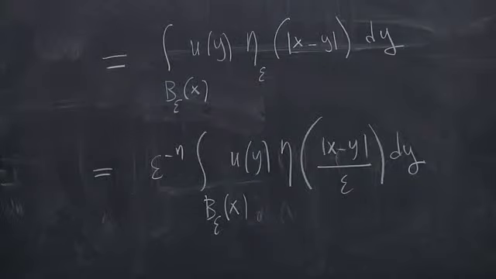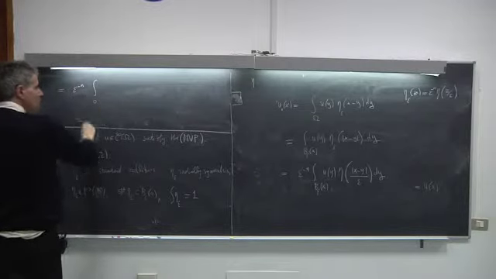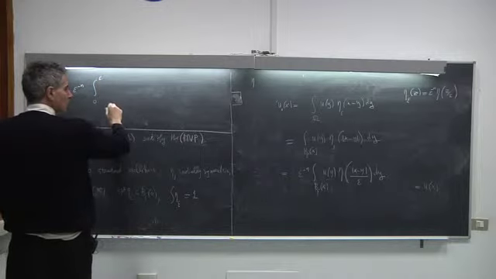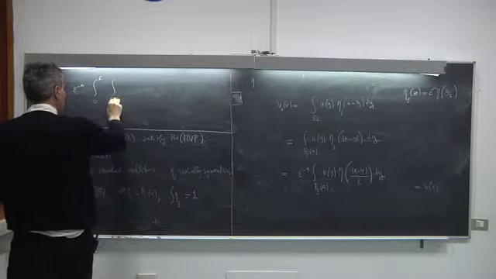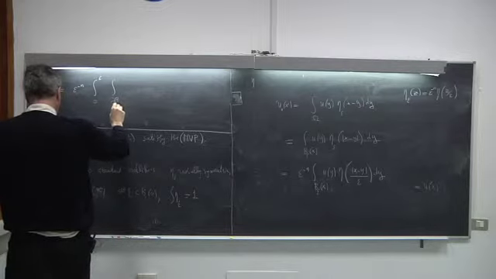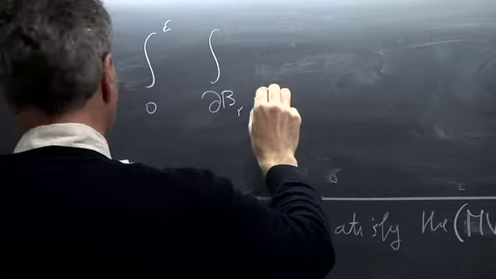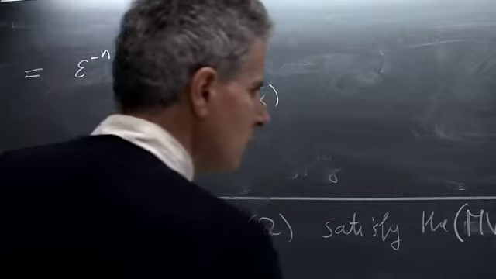So that is equal to epsilon to the minus n, integral from 0 to epsilon, then the integral over the boundary, let me call this r, yes.